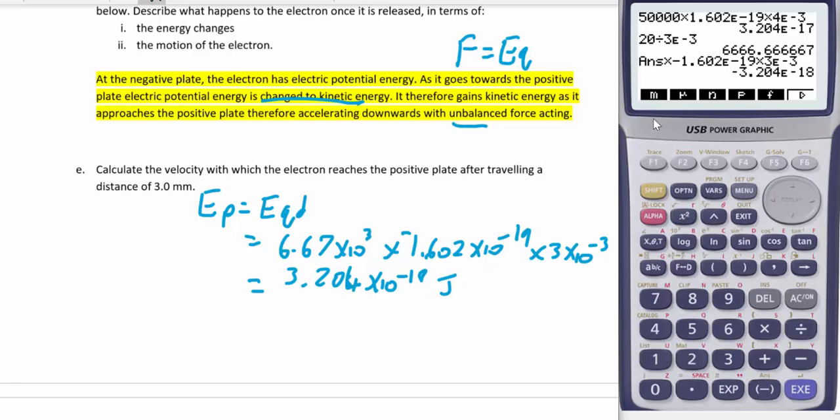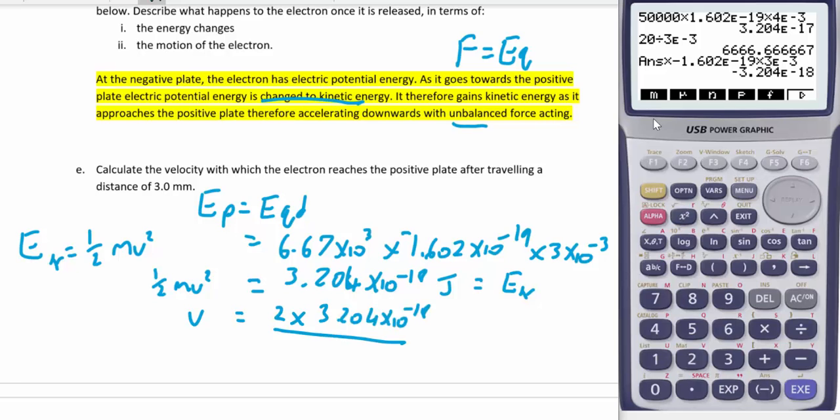Then we're going to be saying, well, that energy is also going to be equal to the kinetic energy. We know that kinetic energy is equal to half mv squared, and so if we're trying to solve for v, we're saying that a half mv squared equals that, and so velocity equals 2 times this number, divided by the mass, which is 9.1 times 10 to the minus 31, and then all of that square rooted.